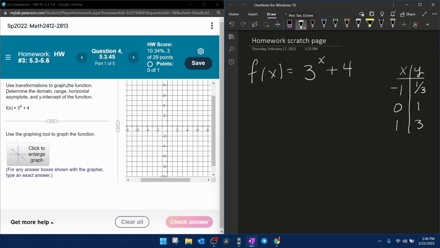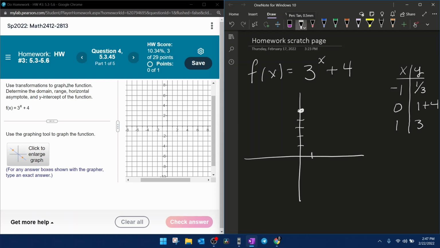And then remember, our original function had the vertical shift up 4. That is simply going to add 4 to each one of these y coordinates. So doing this manually on the graph, instead of having a y-intercept of 1, we're going to have a y-intercept of 5, because that will translate up 4 spaces.